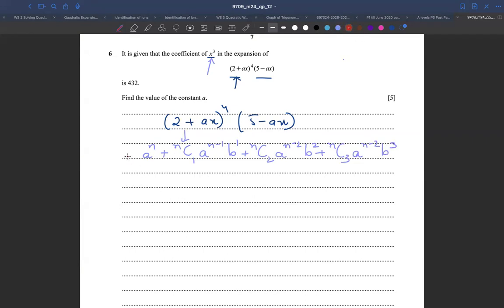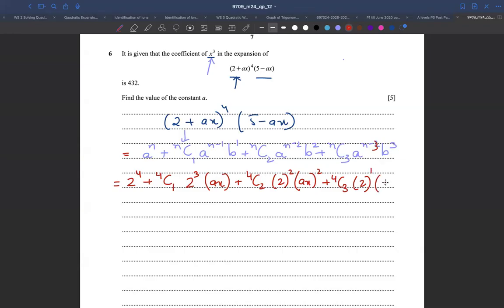So this will become 2 power 4 plus 4c1 2 power 3 into ax plus 4c2 2 power 2 into ax whole square plus 4c3 into 2 into ax whole cube.